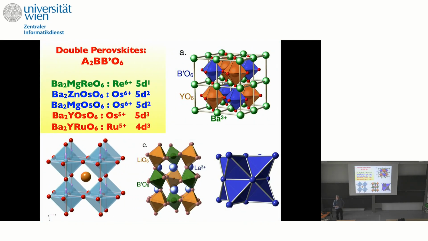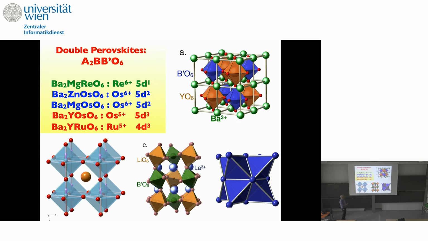So I'm going to be talking about double perovskites, and today is Double Perovskite Day here at this meeting. So you probably already know what a double perovskite is, but this is a perovskite. Perovskites are very common in nature, especially in transition metal oxides, and so you have this transition metal O6 architectural motif, and then you build the crystal up around it.